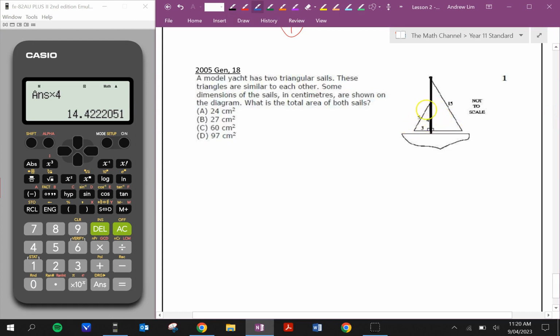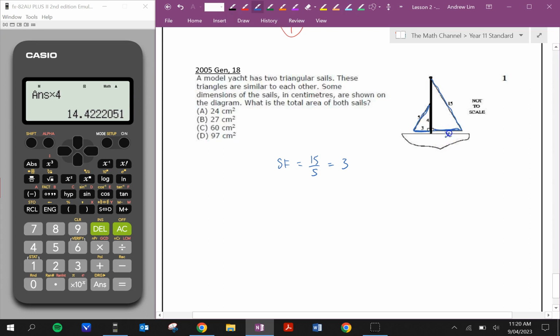Now, because this is 5 and this is 15, we know that the scale factor is 15 on 5 because those two sides correspond to each other. They're both the hypotenuse. So it's equal to 3. Well, in order to work out the area of a triangle, it's half times base times height. So we need this to work out this one because they match.